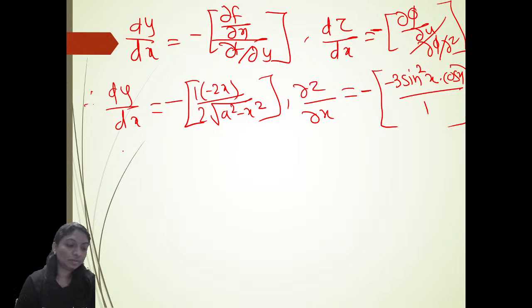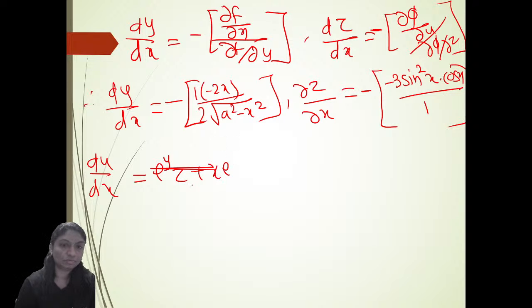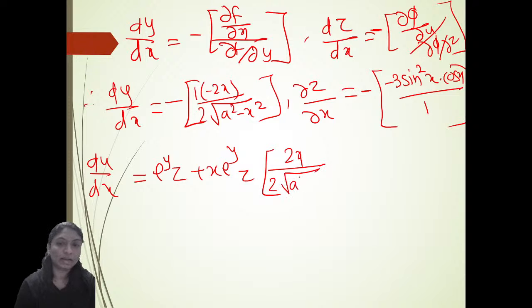Right? So you will get du by dx equal to e raised to yz plus x z e raised to yz into bracket 2x upon 2 into bracket a square minus x square, plus x y e raised to yz into 3 sine square x into cos x.